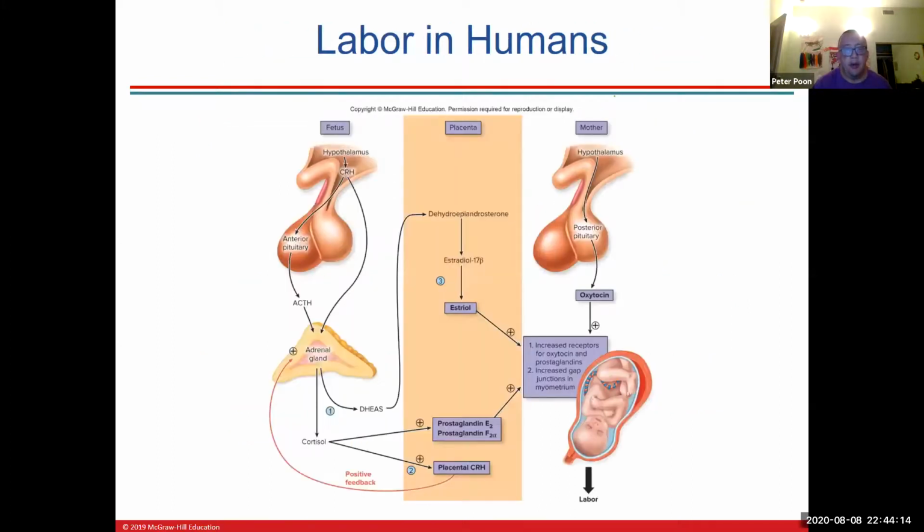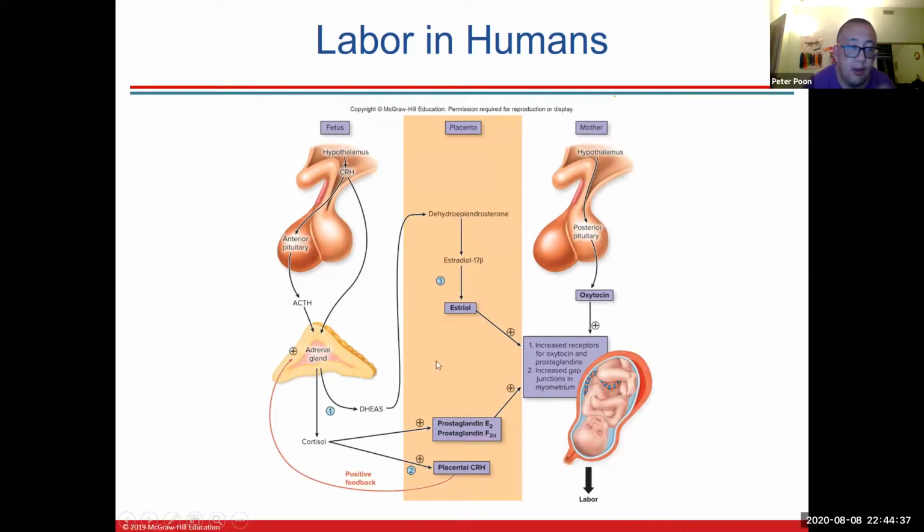Okay. So what happens? Oxytocin release causes the baby's head to push against the cervix. So here's the fetus. The fetus actually controls its own time coming out.